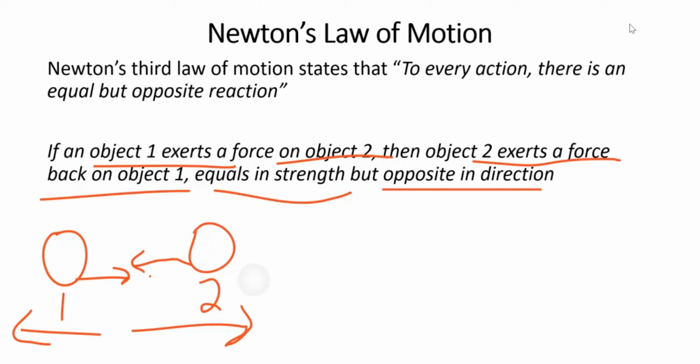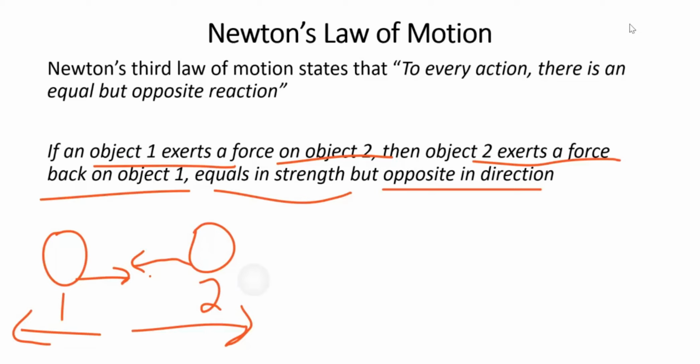Let's say 2 cars are driving, a car is driving to the left, another car is driving to the right. Once they hit each other, they are equal in strength, but they're traveling in different directions. That's what the third law of motion is explaining. So every action, there is an equal and opposite reaction.